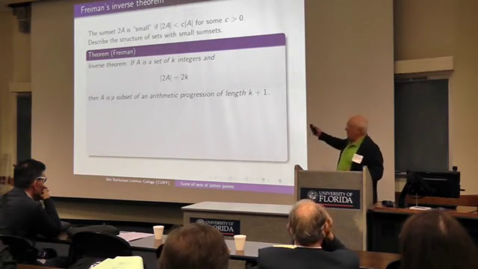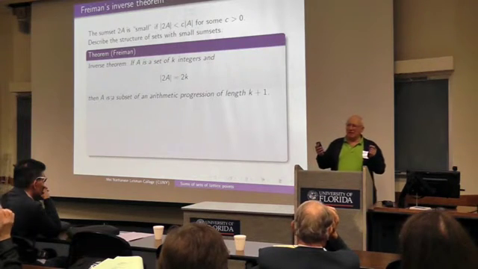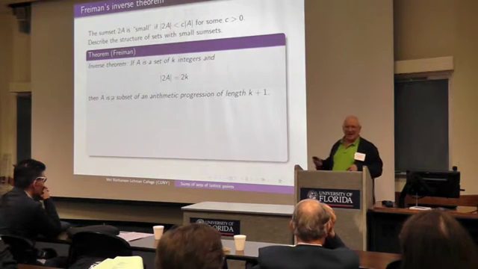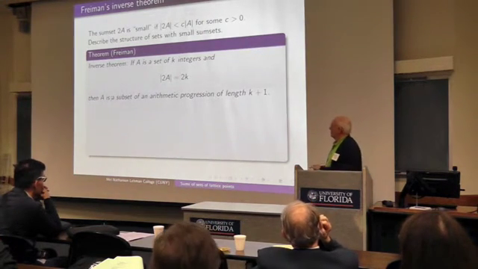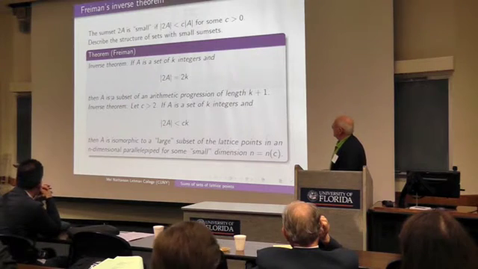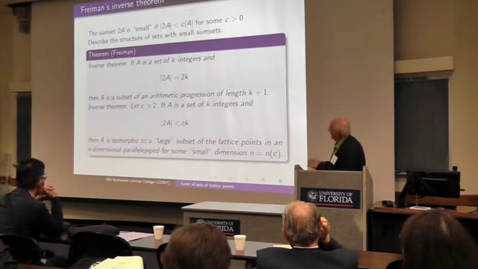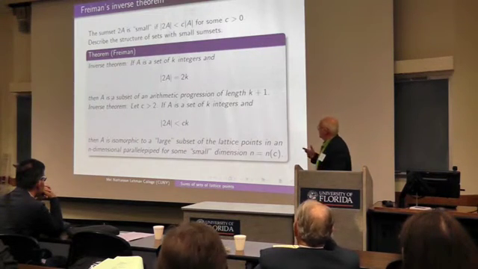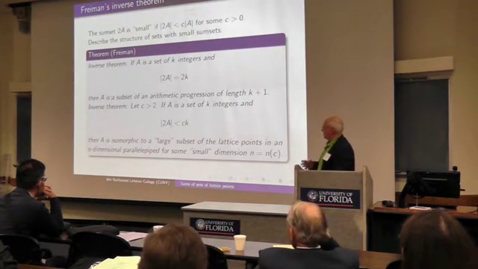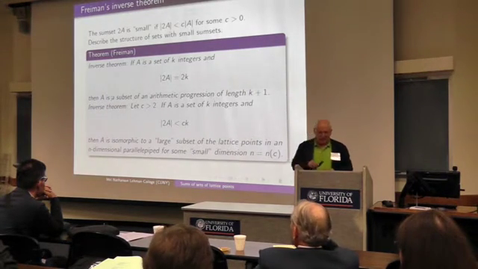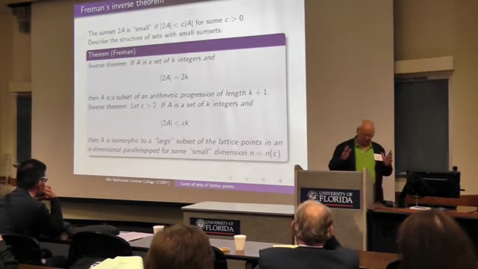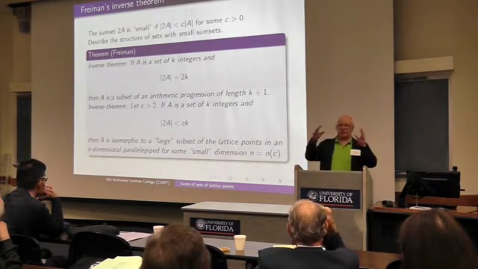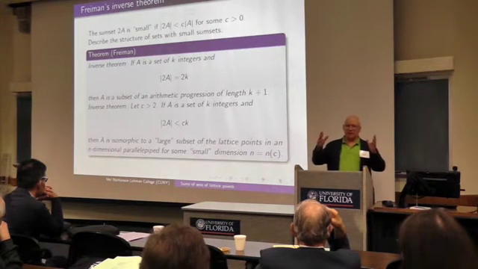And he started thinking about what happens if you have a set whose sum set isn't as small as possible, just a little bit bigger. And he came to this idea and a lot of other ideas. And the big theorem, Freiman's inverse theorem, says if you pick a number c, and you have a set of k integers, and the sum set has at most c times k elements, linear in k, depending on this constant c, then your set really is like the set of lattice points inside some convex body, some parallelepiped.